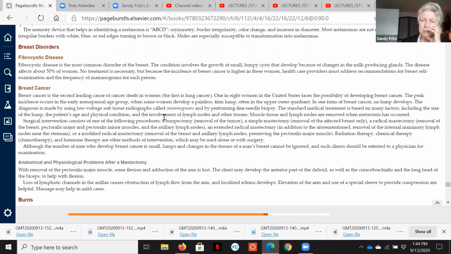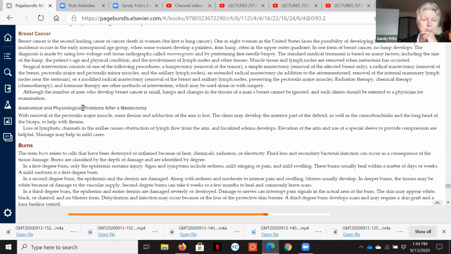It can also be hormonally dependent, and men can get breast cancer too. So we might then be dealing with issues related to the treatment of the breast cancer or any of the other malignancies.